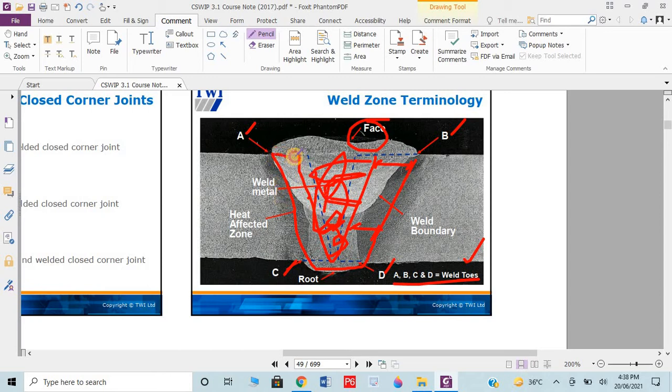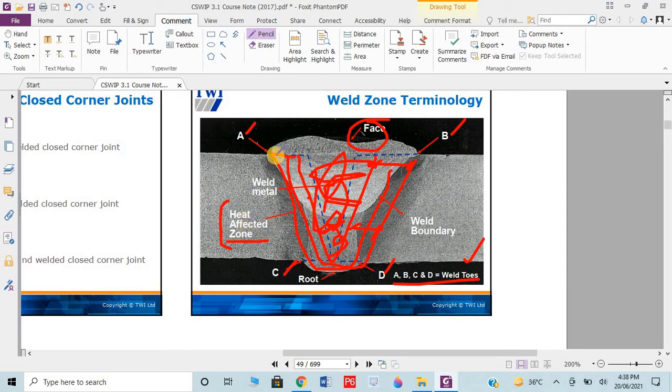That's why this area is called HAZ, H-A-Z, until this is the welding boundary, that is the extreme outside. This area is called the heat affected zone. Means this area is being affected by the welding heat.